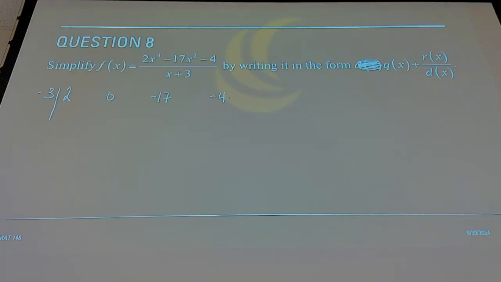No, it's another 0 and then minus 4. 2 comes down times negative 3. Plus 0 times negative 3. Plus negative 17 times negative 3. Plus 0 times negative 3. Plus negative 4.